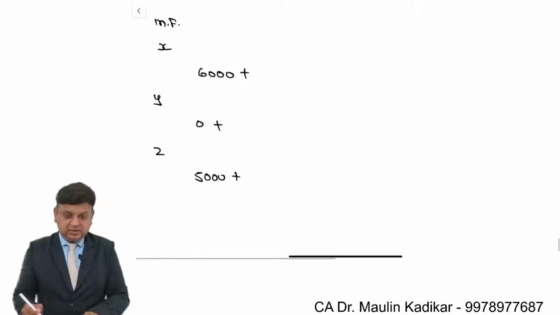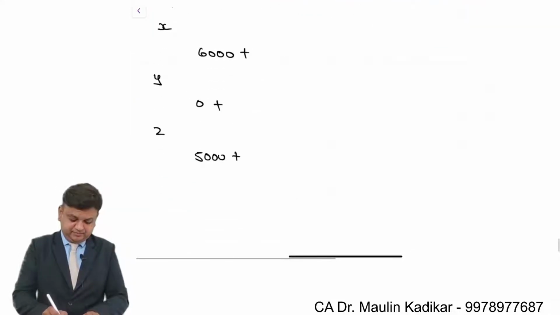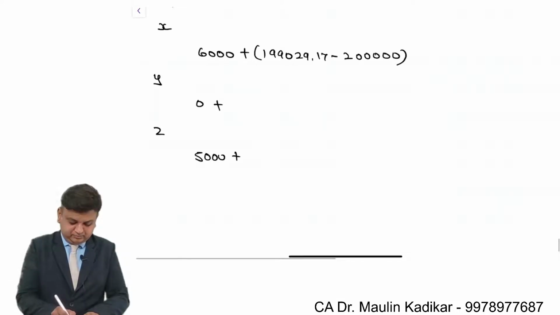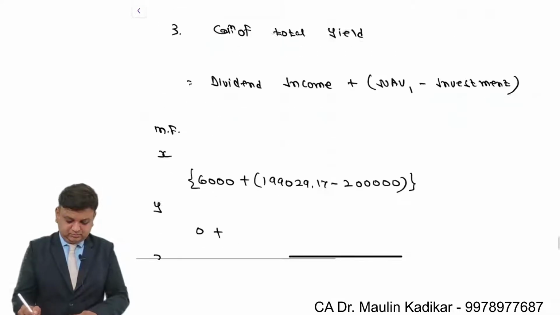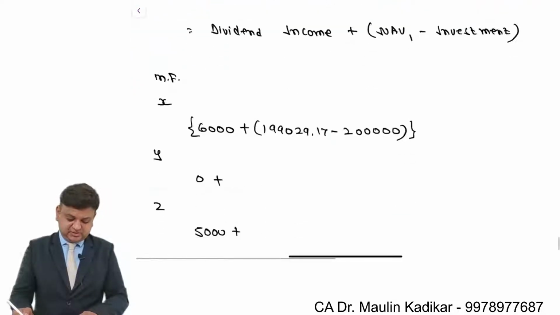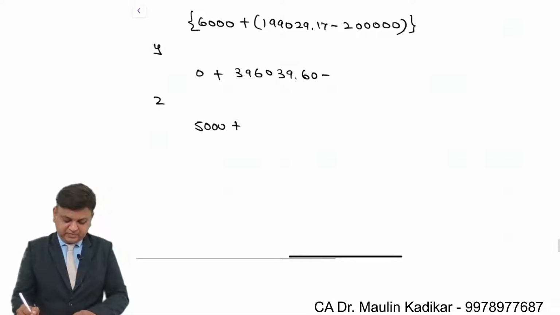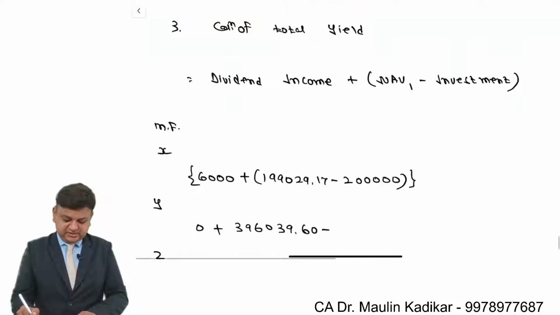Plus the amount of the NAV1 is 1,99,029.17 minus 2 lakhs. 3,96,039.6 minus an amount of 4 lakhs.